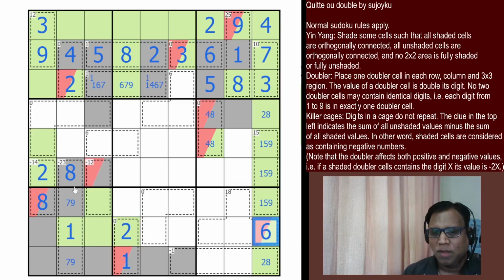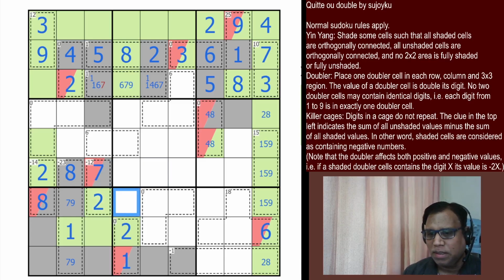The only possible value is 7 here, right? We know that it cannot be 1, 2, 4, 6, and it should be more than 6, because of 12. So the only possibility is 8, and 9 is gone, so the only possibility is 7. So that's 7, and that has to be now 2 to get the value properly.